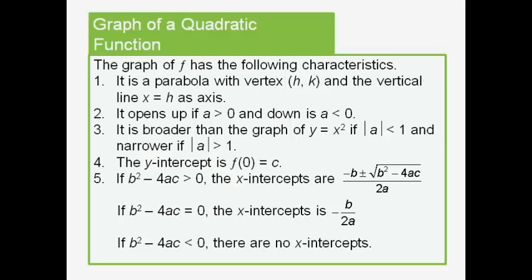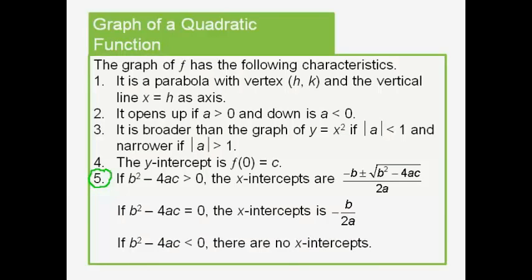Now, one thing I haven't mentioned here is the discriminant. The rest of this we talked about in previous sections, but in number 5, if you get the discriminant of the quadratic function in this form, you can figure out what the x-intercepts are.